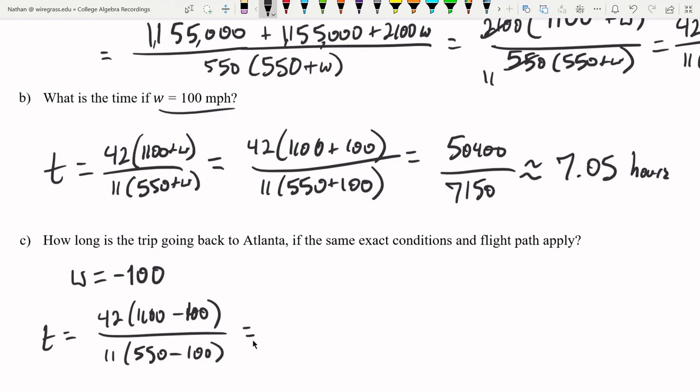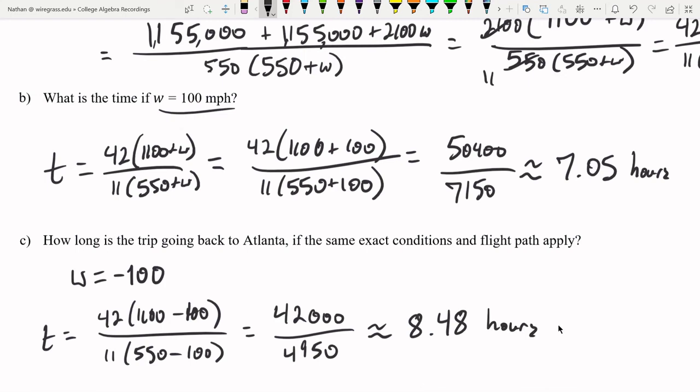And simplify. So on top, we're going to have 42, let's see, 1, 2, 3, 4950. And this gives us approximately 8.48 hours.